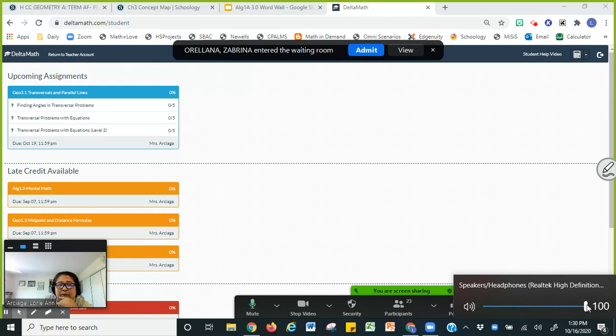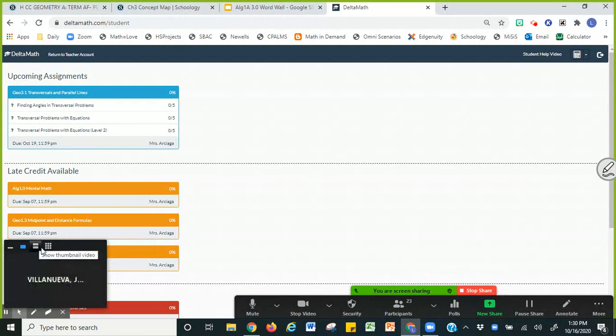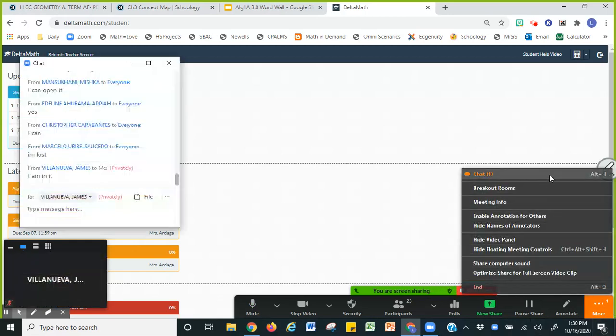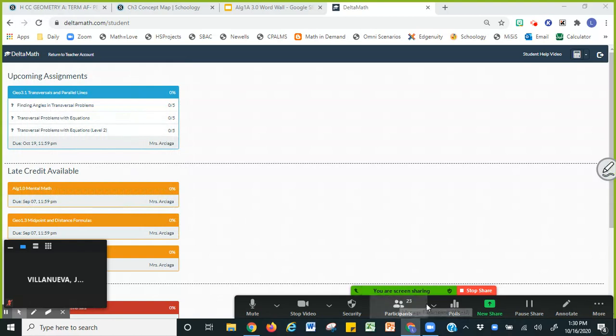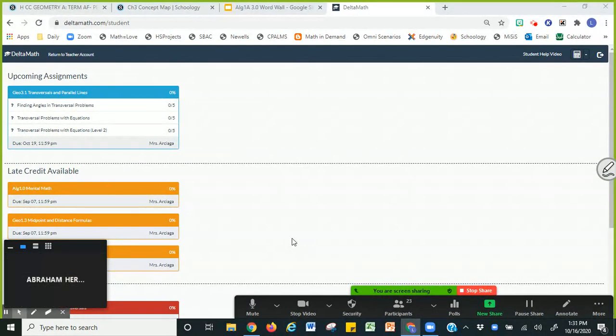Not the assignment, but the one that says Zoom. Can you share that or no? What do you mean by Zoom? It says Zoom 3.1. Do you see it? Does anybody see Zoom 3.1? Yeah, I can see. I'm on it right now.